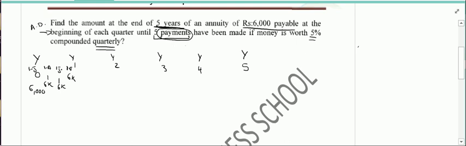We have made 5 payments or 5 deposits, or there are 5 annuities. Therefore the last amount will be on 1st of January of next year. Over here 6,000 again. So there is an annuity of 5 payments, 6,000, 6,000, 6,000, 6,000 and 6,000, and this is an annuity due.